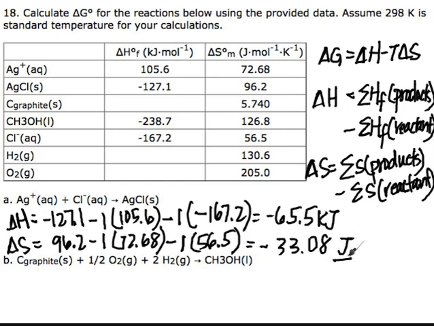Okay, so this is joules, this is kilojoules. Make sure in our next calculations that we convert these units.